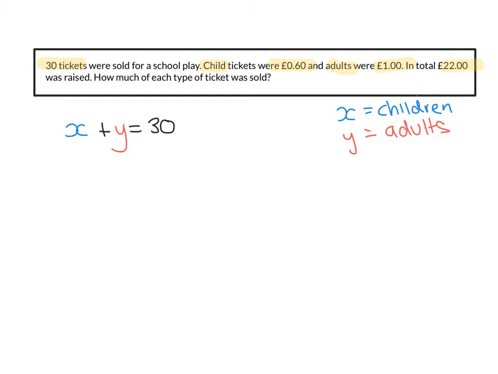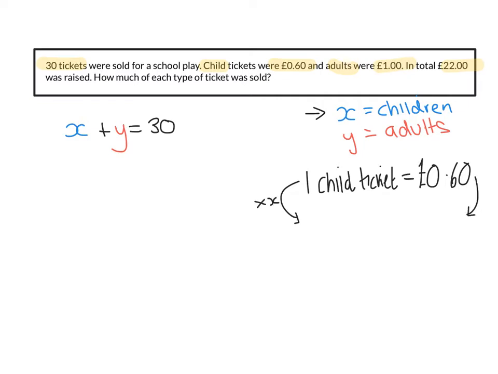What else do I know? So I know that one child ticket is £0.60. I don't know how many children's tickets I need, but I've already given this a value, x.